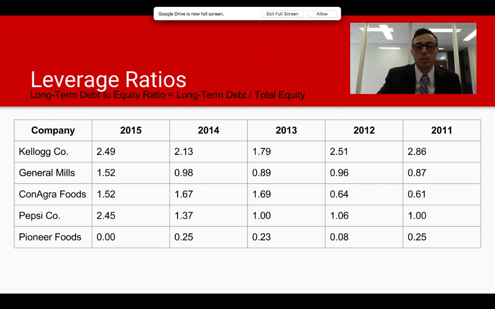Looking at some of the tables, compared to its competitors, Kellogg's has a much higher long-term debt to equity ratio, which signifies that their financing comes more from their creditors as opposed to their own financial sources.